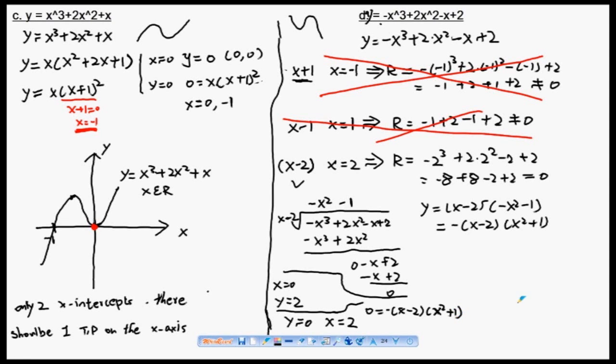Now let's sketch the graph. Our y-intercept is 2 and x-intercept is also 2. Because there's only one x-intercept, the graph looks like this.